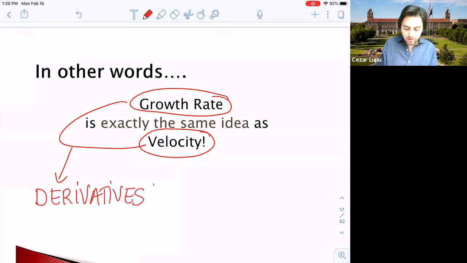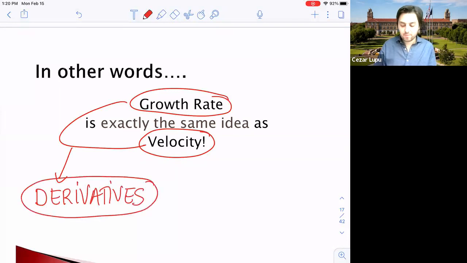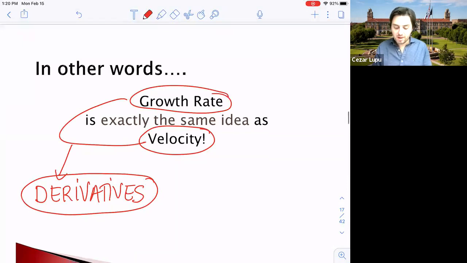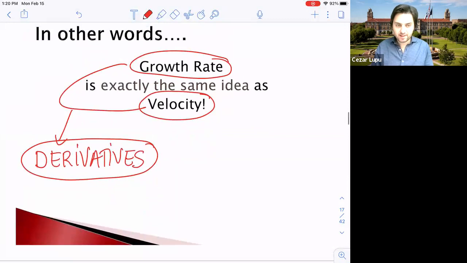So far we haven't called it yet, but it will be, you see, the limit of that difference quotient, right? The change in position over the change in time. Delta P over delta T, right?